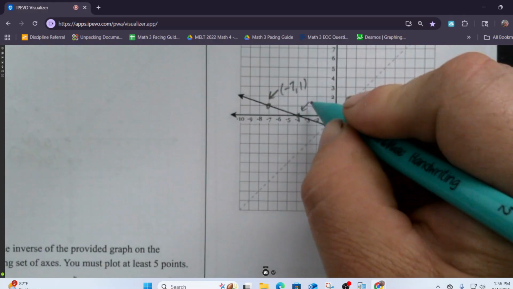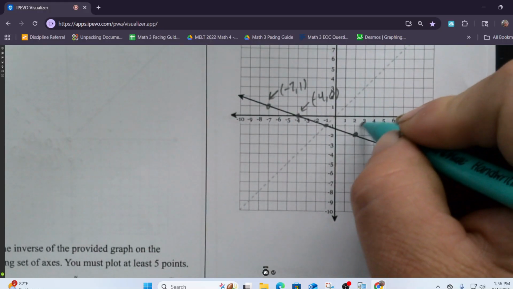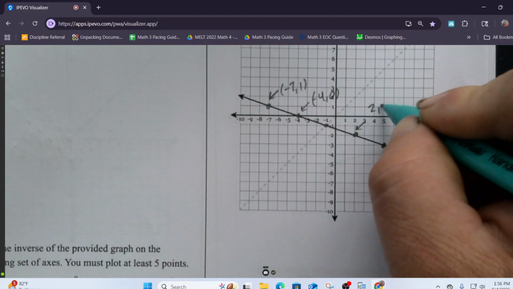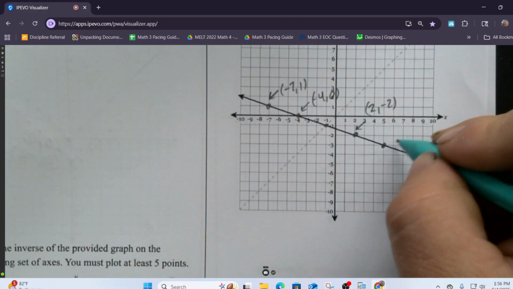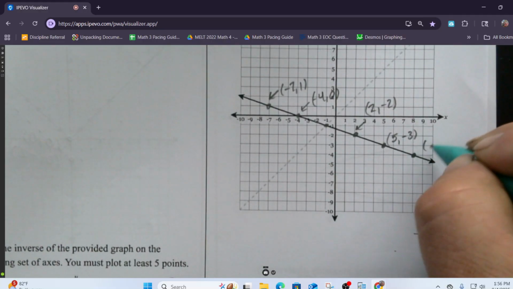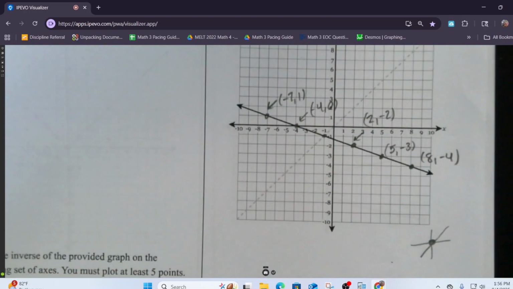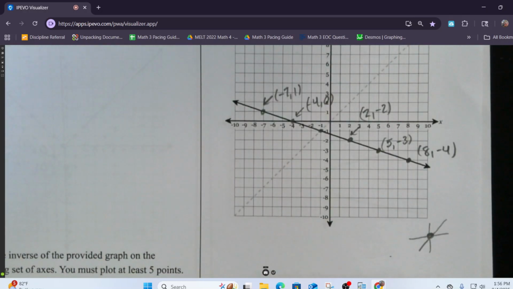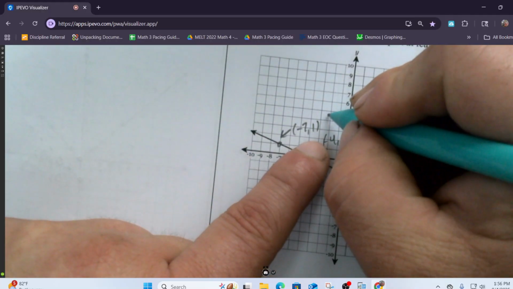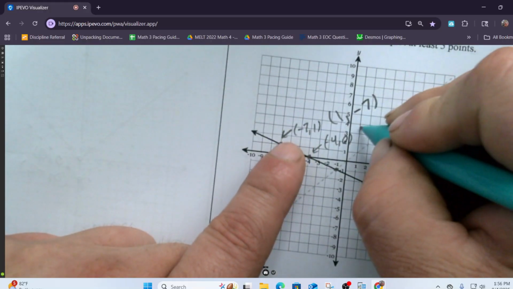So looking at these, that's negative 4, 0. I'm just going to go over here. 2, negative 2. Now remember, to find the inverse of this, I'm not going to graph it because I don't want to take that much time up. To graph this, all you're doing for the inverse is swapping the position of x and y.